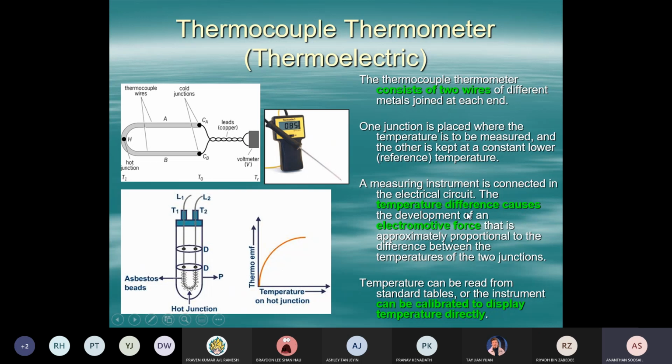The temperature difference causes the development of electromotive force. EMF will be generated that is approximately proportional to the difference between the temperatures of the two junctions. The temperature can be read from a standard table, or the instrument can be calibrated to display the temperature directly. The current one directly gives you the temperature. It's already programmed.